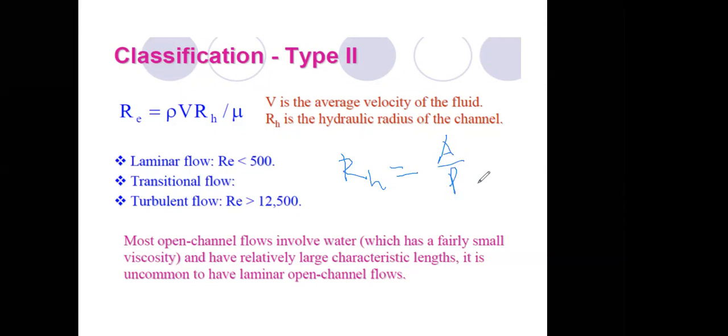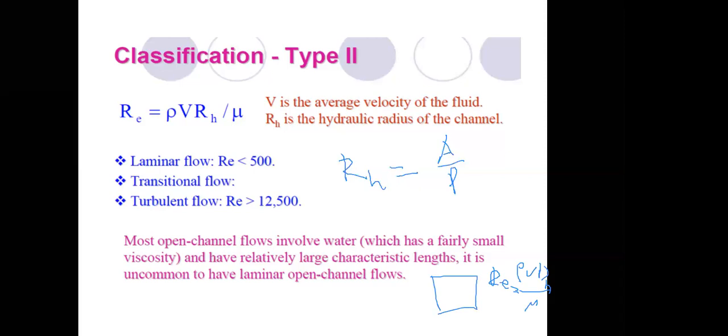If you remember the hydraulic diameter, when you calculate pipe flow with a non-circular pipe, for example, a non-circular conduit like this one, then the calculation of Reynolds number is rho V dH, the hydraulic diameter, divided by mu. So this is the same concept, except that for open channel flow we use the RH, the hydraulic radius.